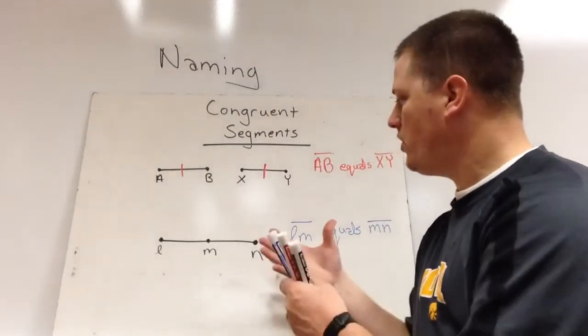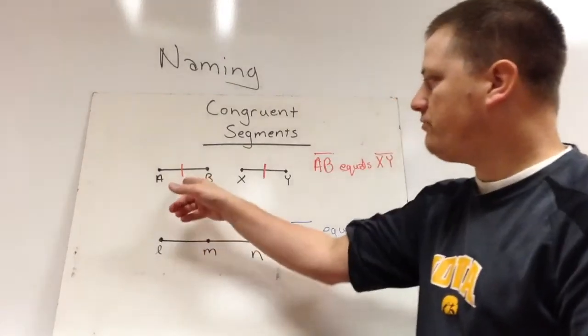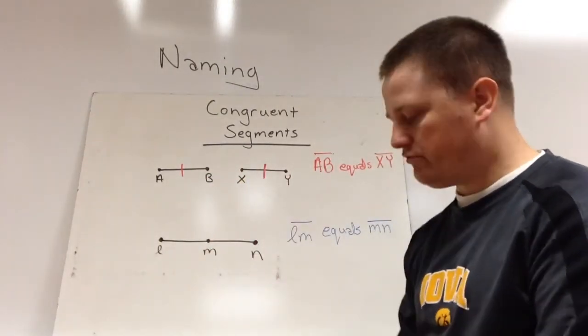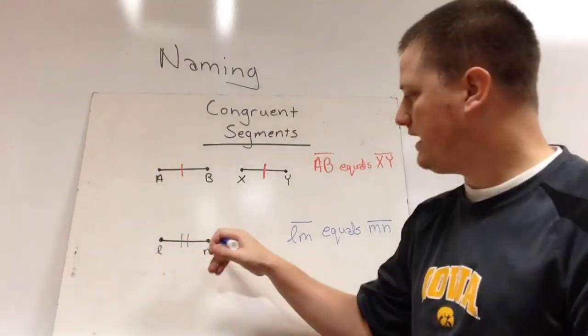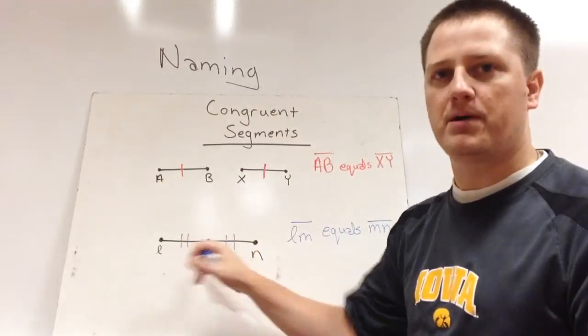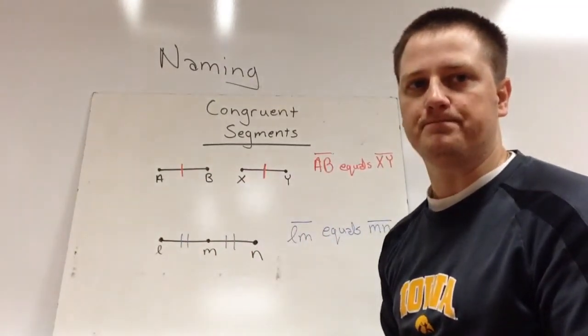So to mark this, we need to show that these two segments are the same. Because we've already used one tally mark here, we've got to use something different. So I'm going to use two tally marks. So LM here is going to have two tally marks. MN is going to have two tally marks. Because these have the same number, they're equal.